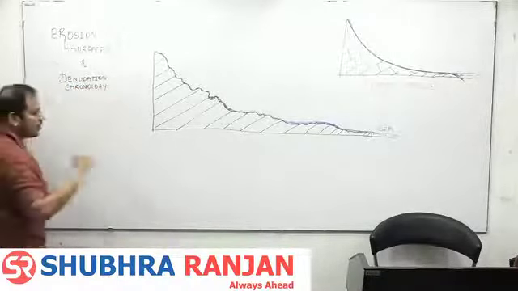Of what? Denudation means weathering. That means denudation chronology and erosion surfaces have been inspired by which theorist? Davis or Penck or King? Davis. Chronology means time. Time means Davis. So it is an outcome of the Davisian approach: how the landforms have evolved over the period of time.